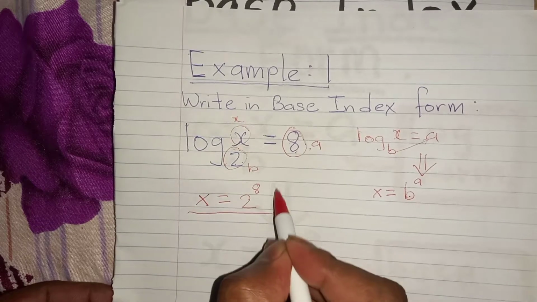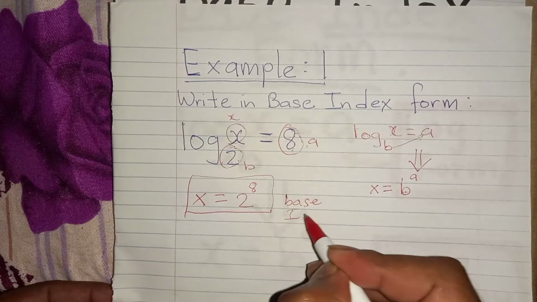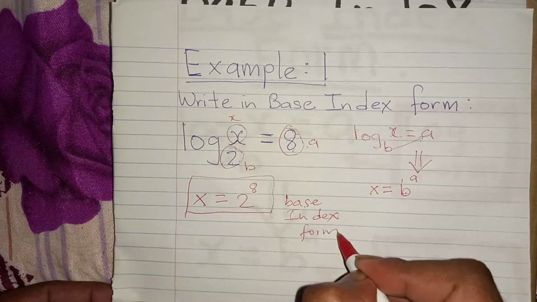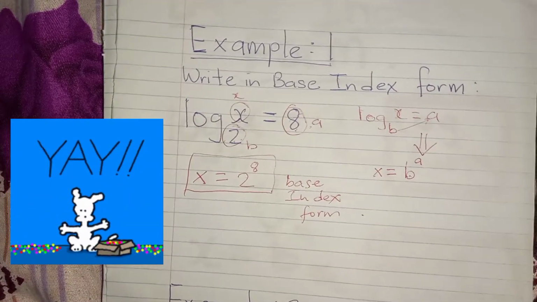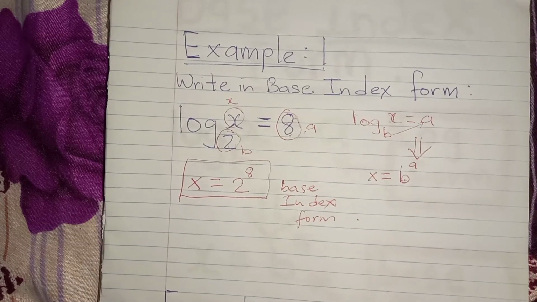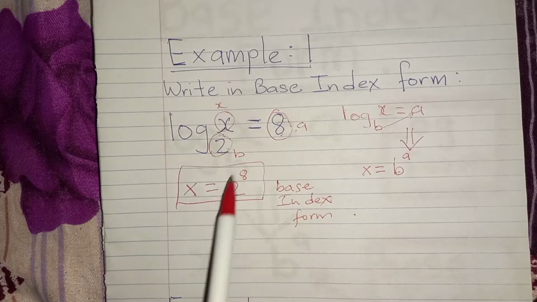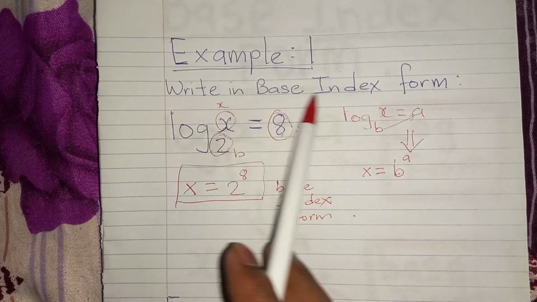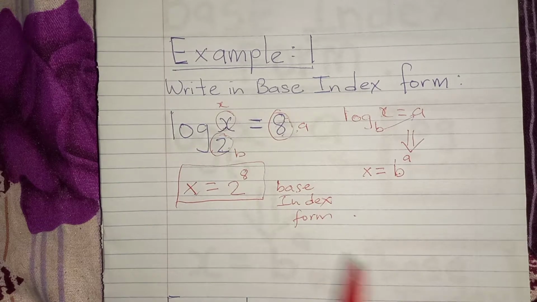So we have written it in base index form. If you have to find the value of x, you will do 2 to the power 8, and then you will get the value of x. But this question is just asking about writing in base index form. So this is the base index form, right?